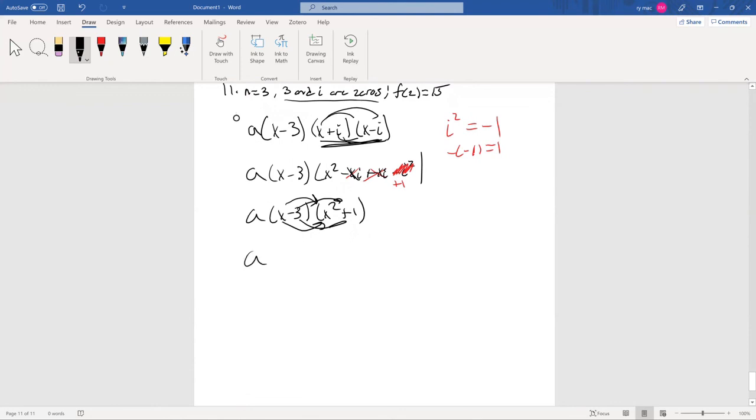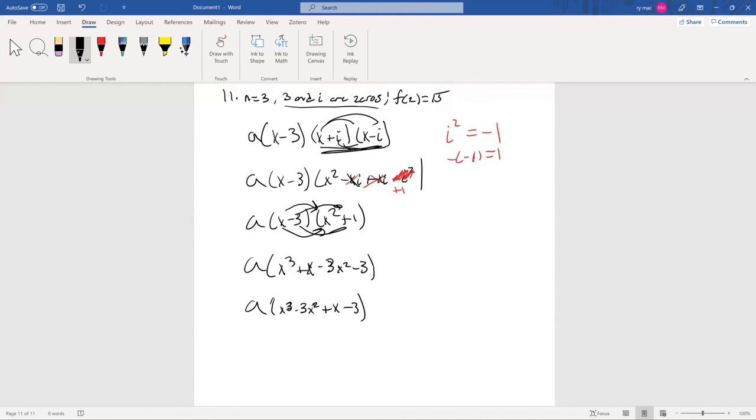Once I double distribute this, I get (x cubed plus x minus 3x squared minus 3). Then just rearranging this for my OCD, a times (x to the third minus 3x squared plus x minus 3).